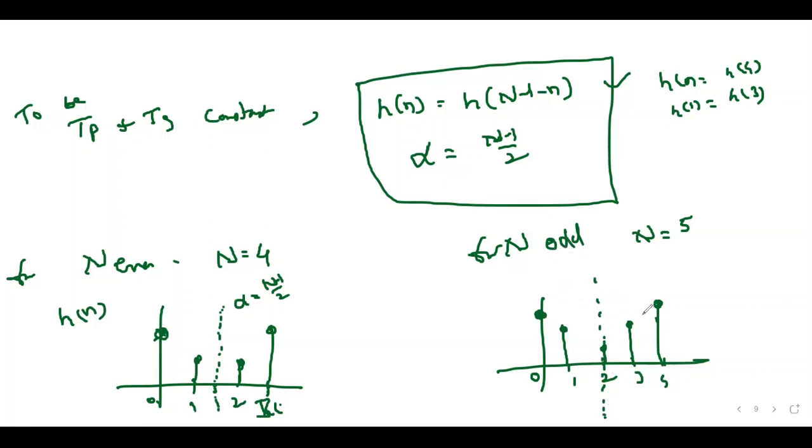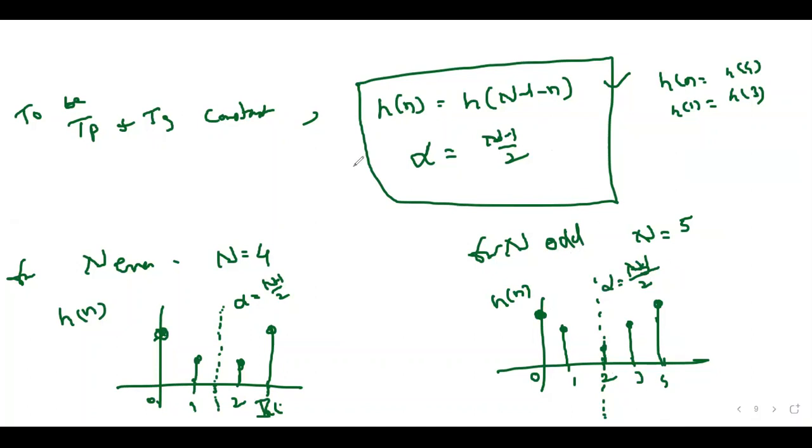It is giving equal parts, and the center of symmetry is the middle sample. So alpha is equal to N minus 1 by 2. Here h of n is still symmetric, and the center of symmetry is exactly N minus 1 by 2, which is the middle of the h of n sequence.